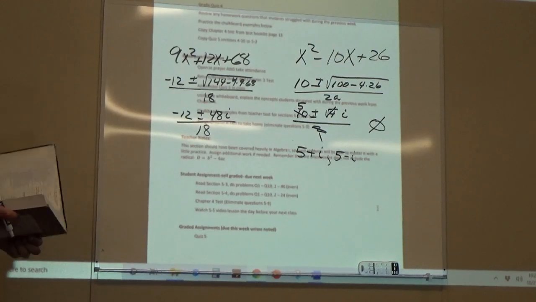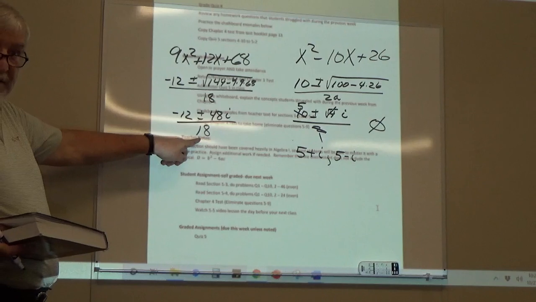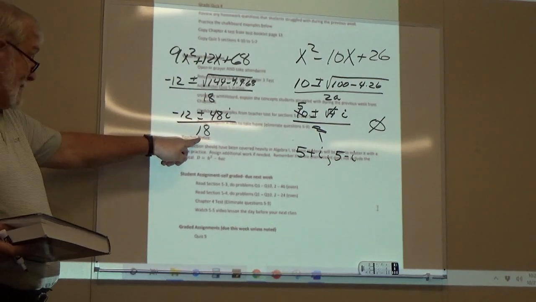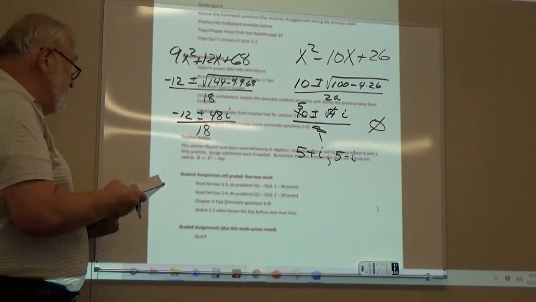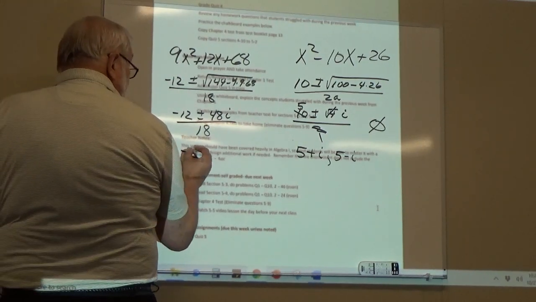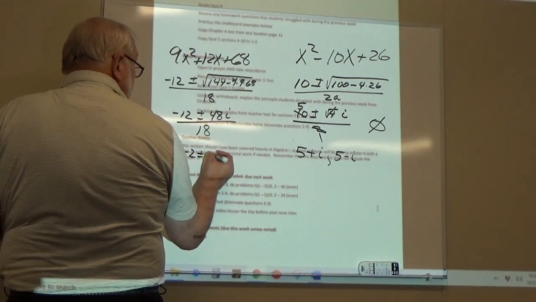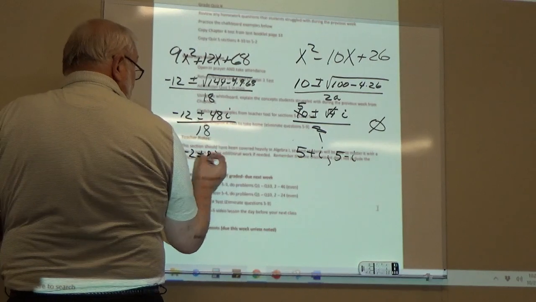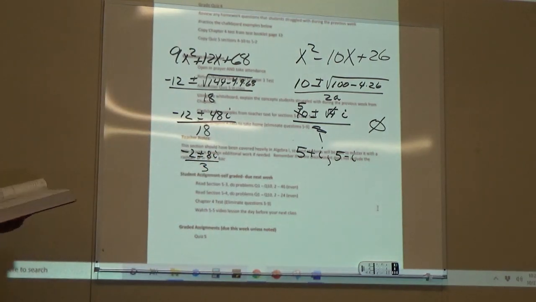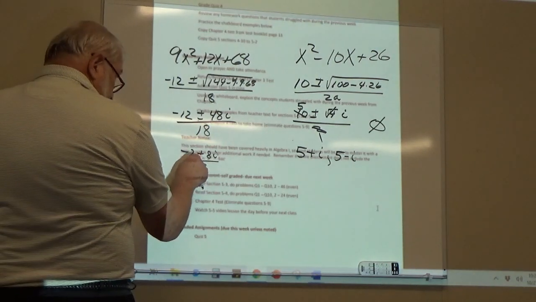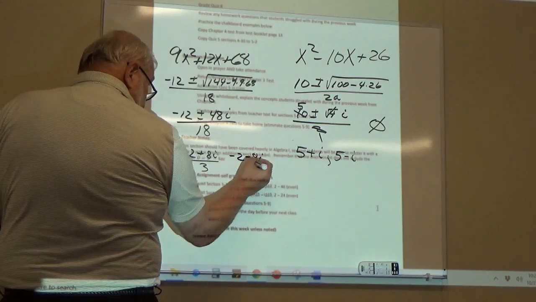Now, you can divide each of these by 6. Can't do it by 12. So you can divide it by 6, and so I'll have negative 2 plus or minus 8i over 3, and there's one for plus and one for minus.